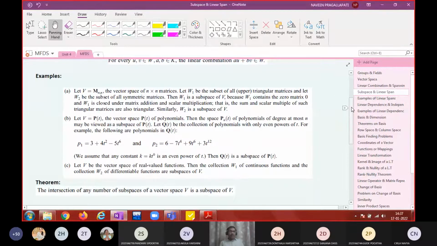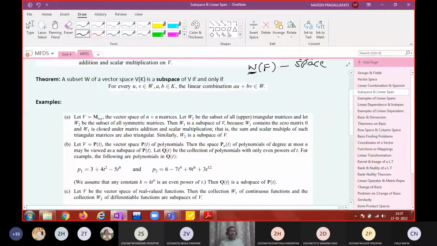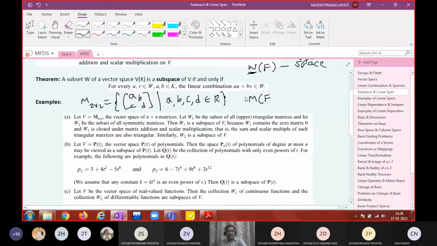If you take the set of 2 by 2 matrices with entries a, b, c, d belonging to the set of real numbers, that is M 2 by 2. This set of matrices is going to form a vector space over the field of real numbers, because my field I have taken as R. We can call it a real vector space.